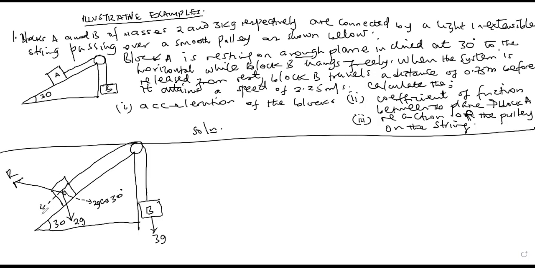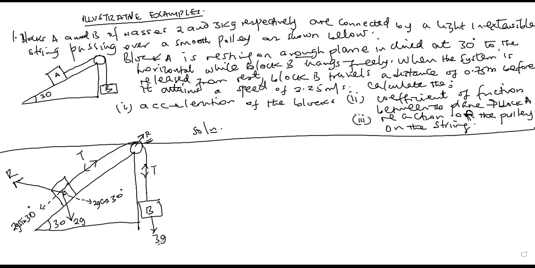And here we shall have 2g sin 30 degrees. This is the tension. And then here is the tension because it is one string. Of course, here we shall be having the direction of the pulley. All right, we shall see how to get this.